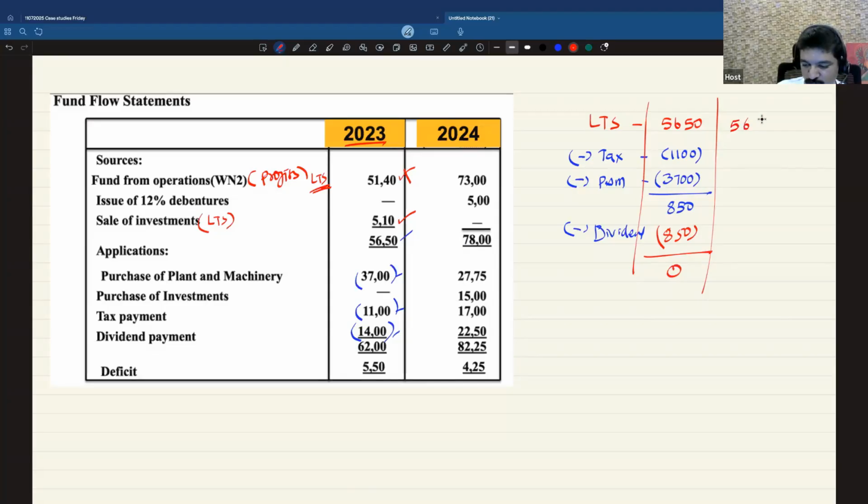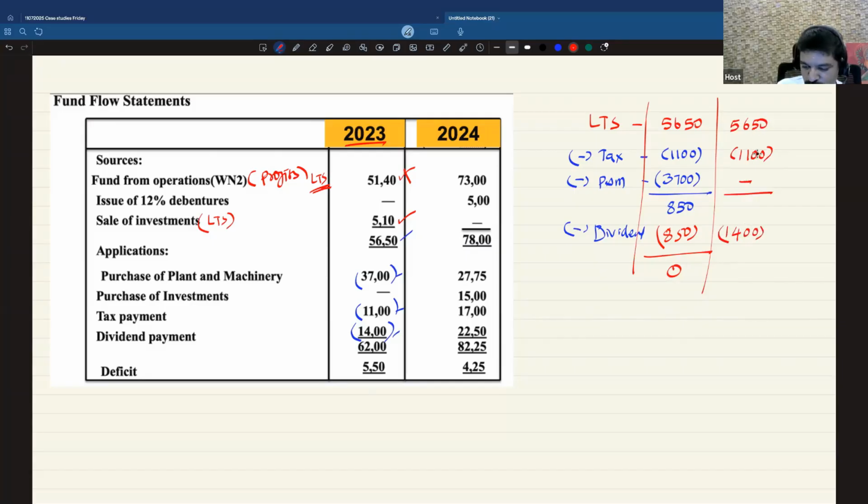model. That is 5,650, okay, is the long-term source. Let them pay tax of 1,100, and in the place of plant and machinery, let them pay dividend. That is 1,400.